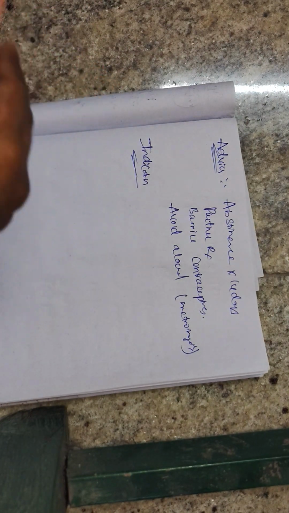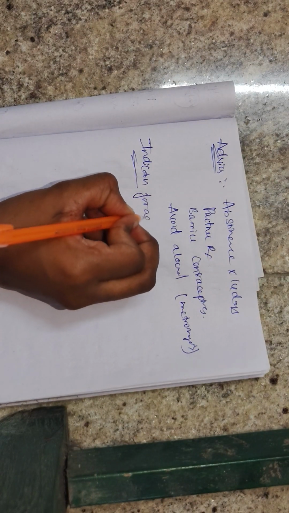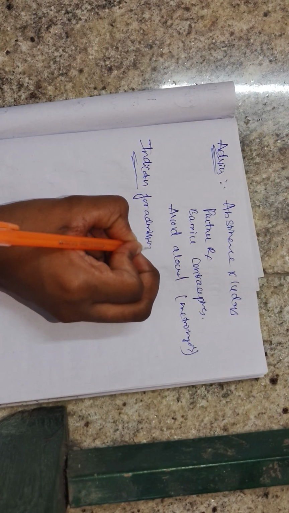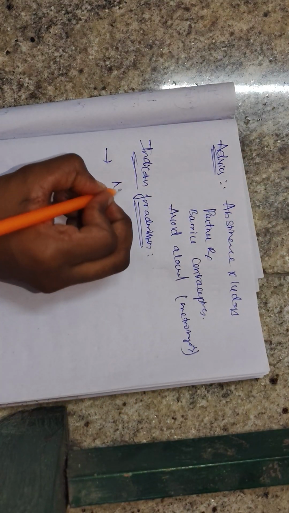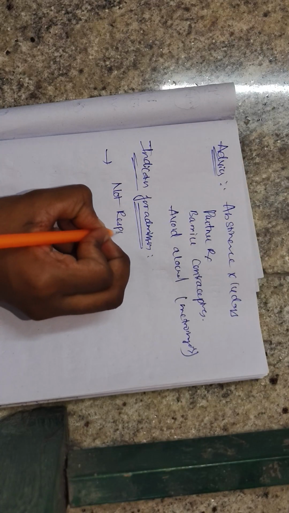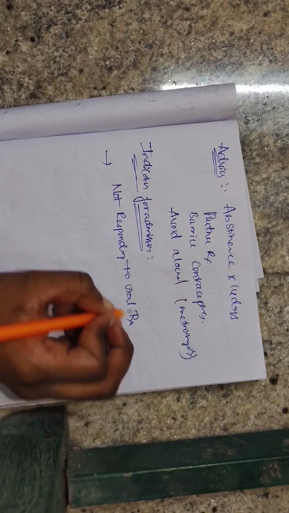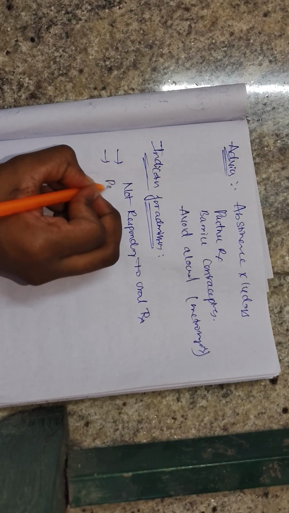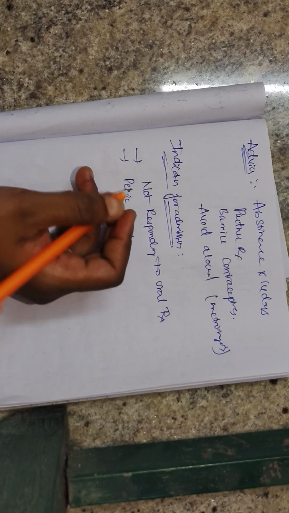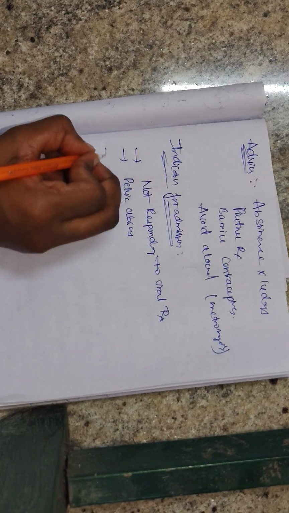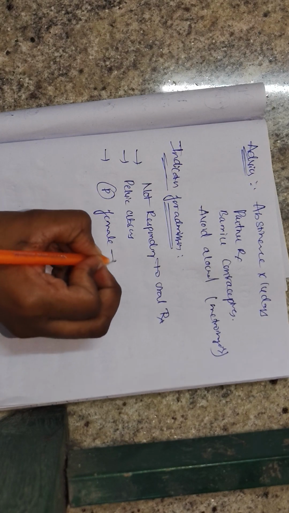Those are the precautions. Now, what are the indications for admission to hospital? When we are giving oral treatment: not responding to oral treatment, pelvic abscess occurring, a pregnant female with clinically severe disease, or a pregnant female unable to take oral drugs.